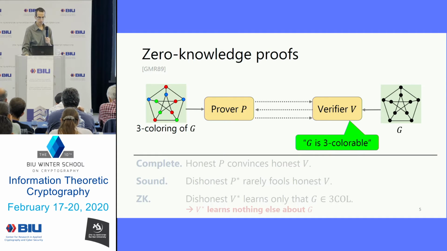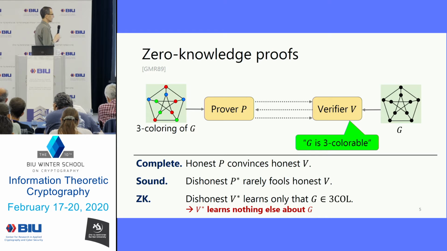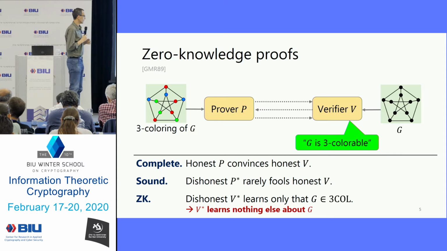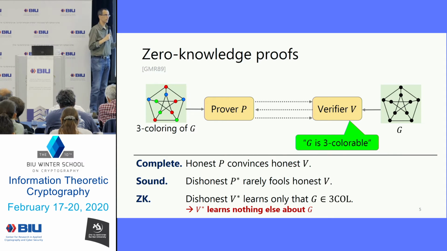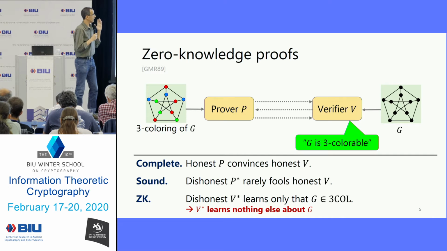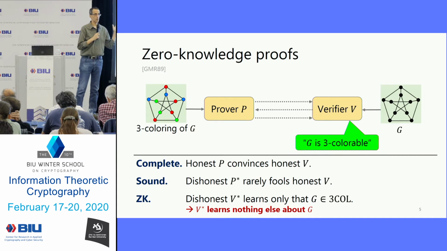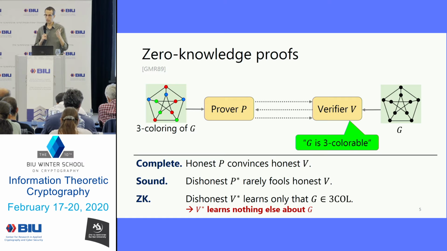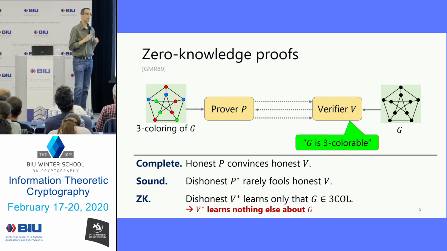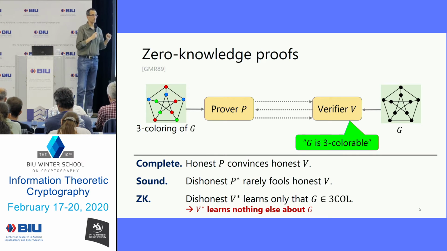We want the proof to have three properties, essentially not letting either party cheat the other. First, it's complete: if P is honest and V is honest, and P wants to prove that G is three-colorable, and indeed it is, then P will be able to convince V. The second property is soundness.